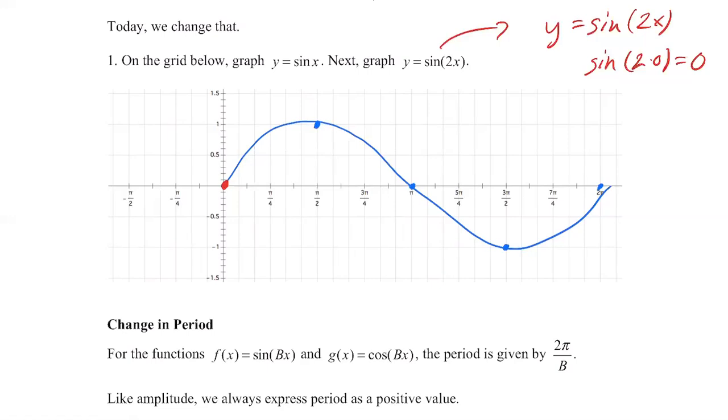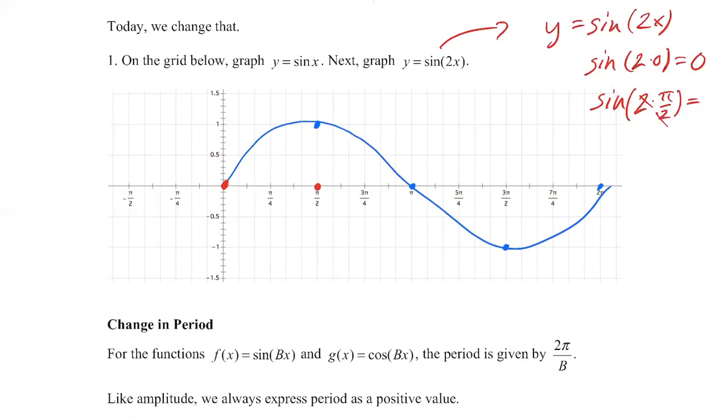Let's try plugging in pi over 2, just like we did before. So sine of, this time, 2 times pi over 2. Well, wait, something interesting has happened here. 2 times pi over 2, the 2's cancel out. This actually looks like the sine of pi. And we know that the sine of pi is 0. So that means that pi over 2 again behaved like 0.